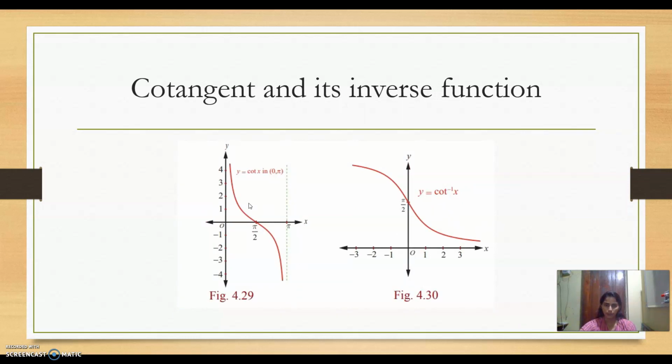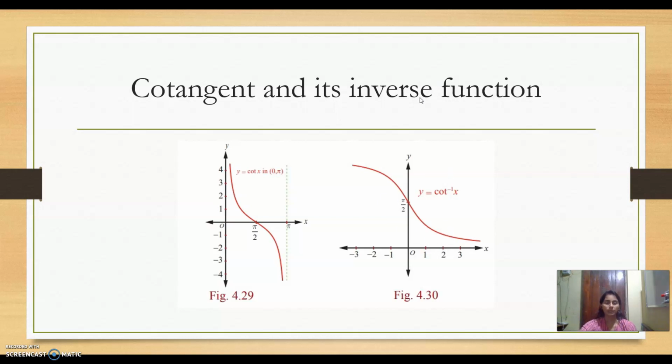Here this is the cot inverse. 0 to pi is its domain, and minus infinity to infinity is its range for the function, so for the inverse, the domain is minus infinity to infinity.